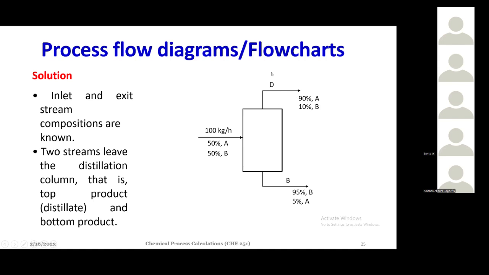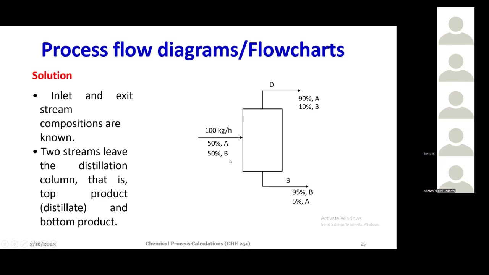So when I get this value here and multiply it by my 90% here, I'll get the amount of A actually coming out from the D, right? So when I sum the amount of A here and the amount of A here, it should be equal to the amount of A entering the feed. And the amount of A entering the feed is 50% times 100.